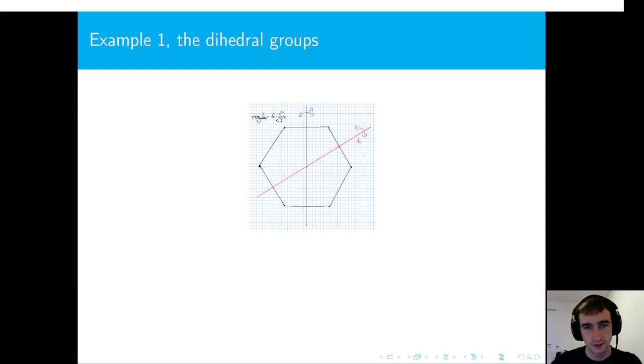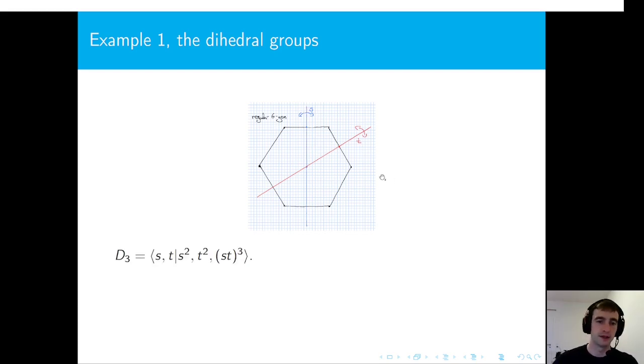So I have drawn a more or less regular 6-gon here, and then I've drawn in two axes, and I want to denote the reflections across these axes by S and T. And if you think about this for a while, then you will realize that the symmetry group of this 6-gon is generated by S and T.